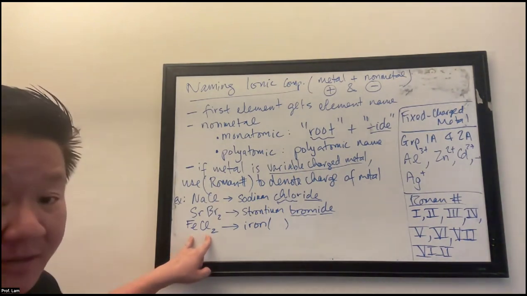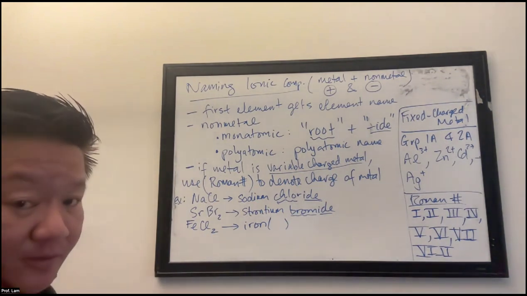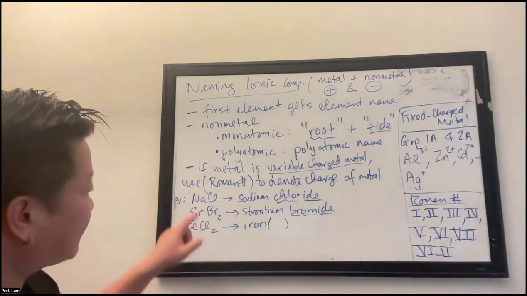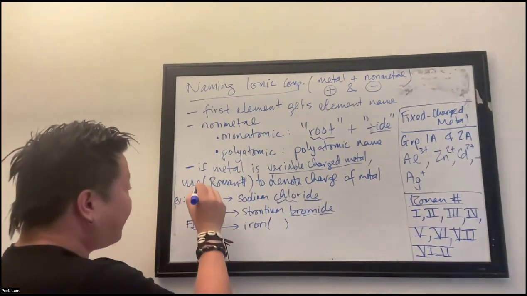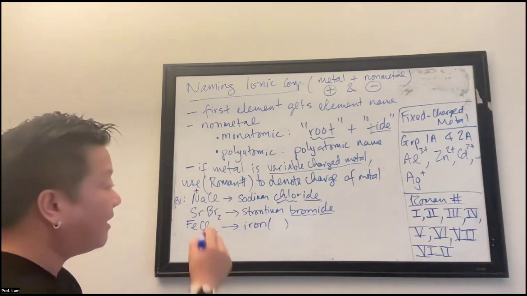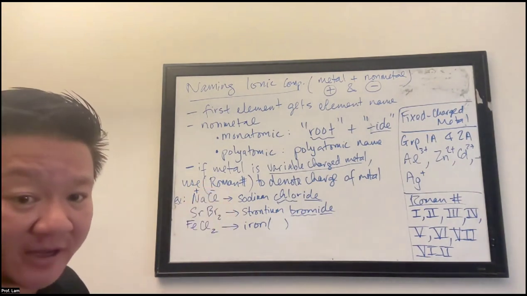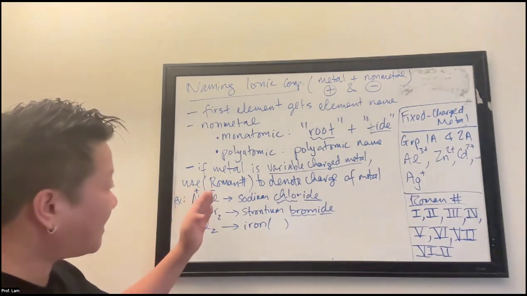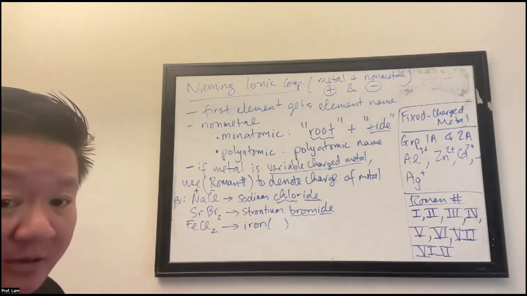When ionic compounds come together, their total charge must be 0. So in sodium chloride, for example, the sodium is positively charged because it's in group 1A, and the Cl is negatively charged because it's in group 7A. So a plus and a minus come together, and it makes a neutral sodium chloride compound.